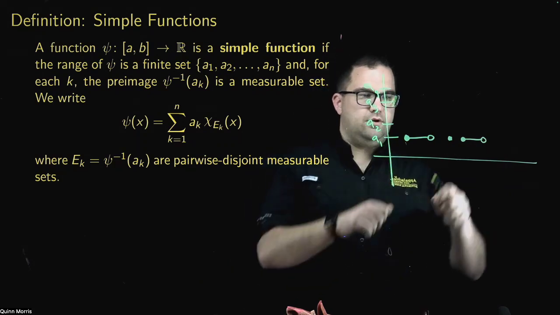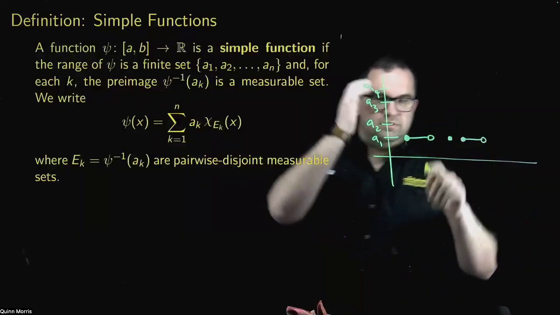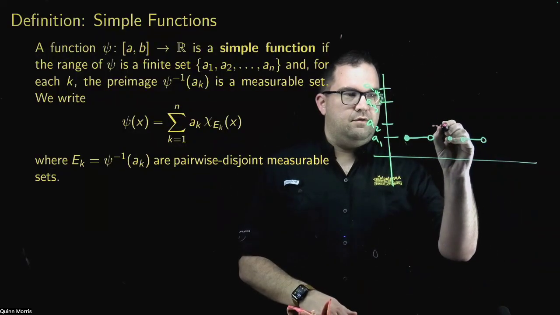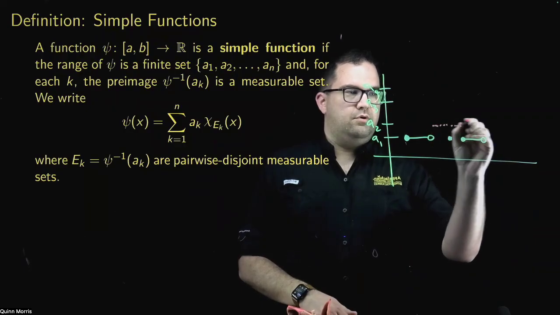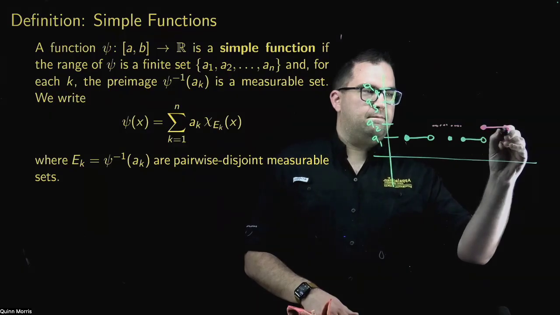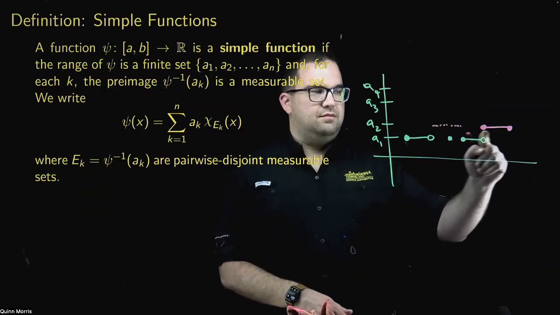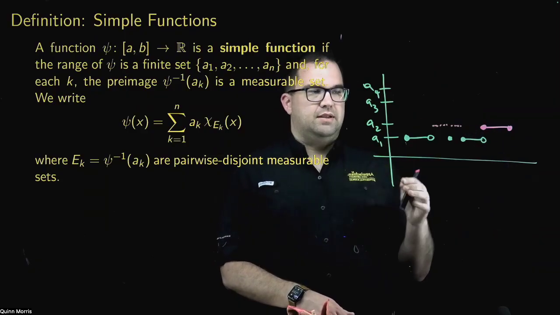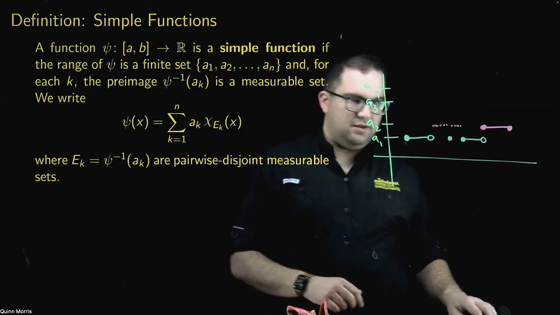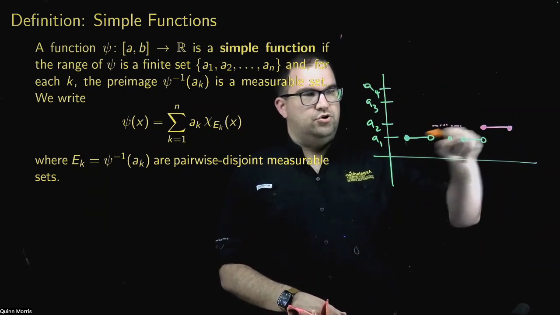So it could take a1 on this measurable set, which is 2 intervals and a single point. Over here, it could take the value a2 on maybe some weird infinite set, and this is some interval. But altogether, they're measurable. The set of all x values where your output value is a2 is measurable.